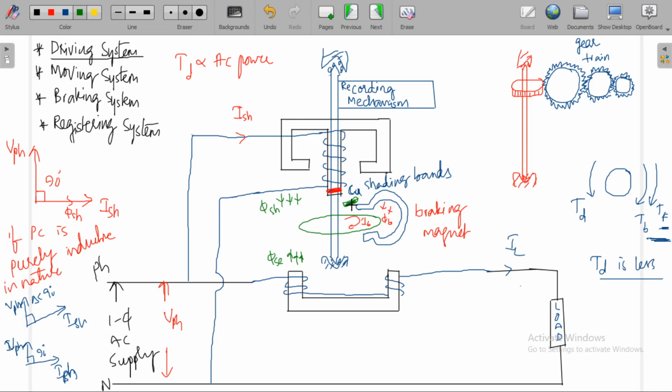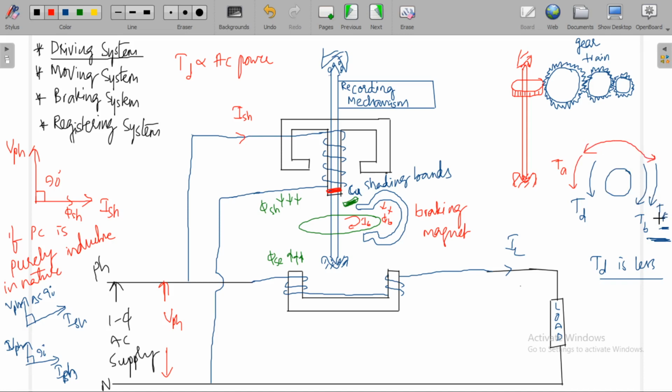If you place short circuited loops in the leakage gaps of the shunt magnet, some additional torque will be provided. Let this be TA. This additional torque is provided to rotate the disc, or to compensate the frictional error.